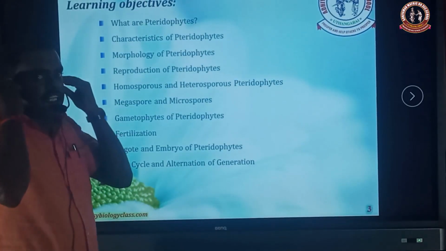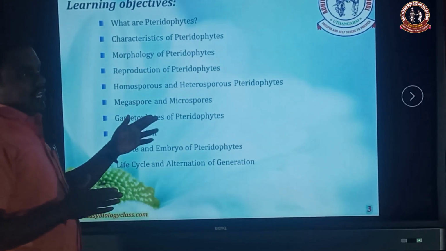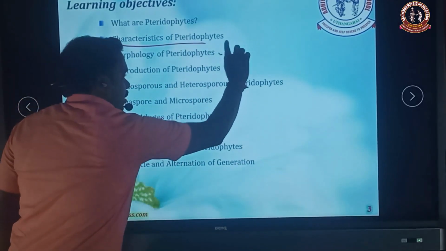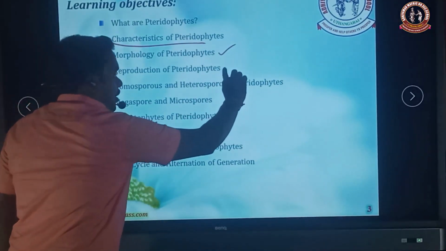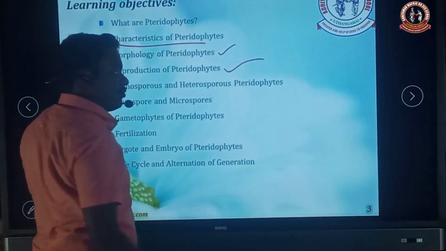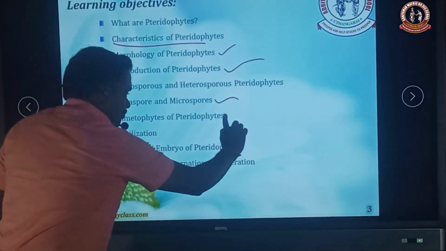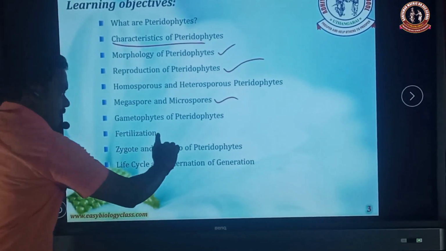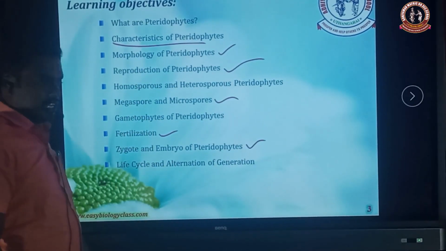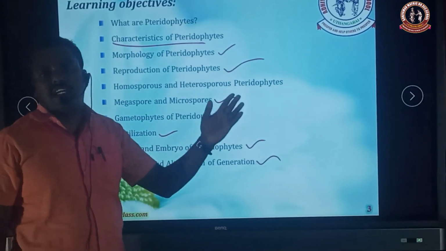The learning objectives of pteridophytes are: first, what are pteridophytes; second, the characteristic features of pteridophytes; third, morphology of pteridophytes; fourth, reproduction of pteridophytes; fifth, homosporous and heterosporous types of pteridophytes; then megaspore and microspore; gametophytes of pteridophytes; then fertilization; then zygote and embryo of pteridophytes; then life cycle and alternation of generation. Those are the learning objectives of pteridophytes.